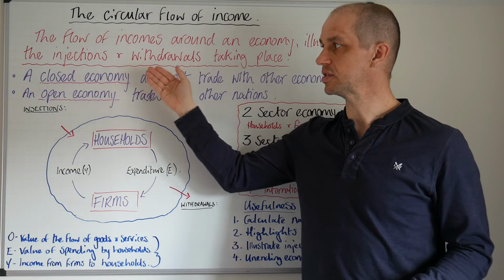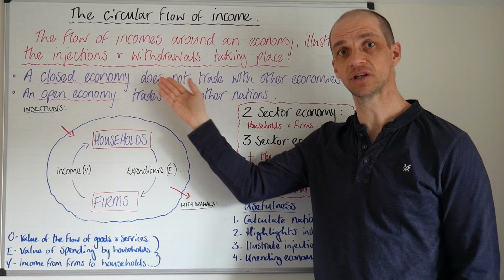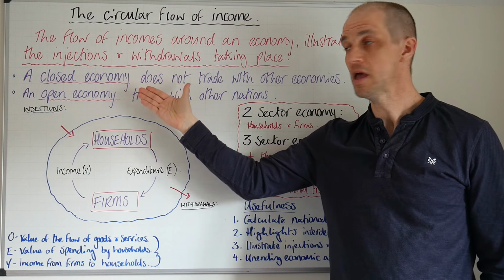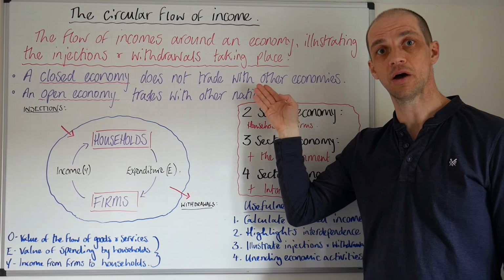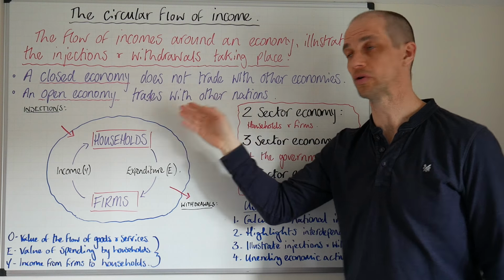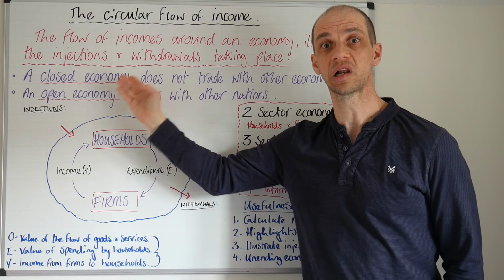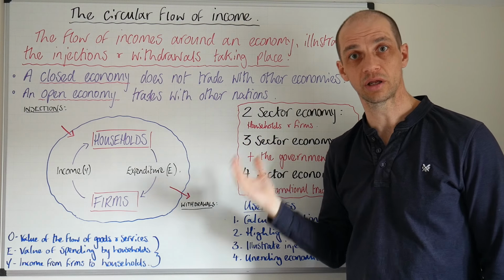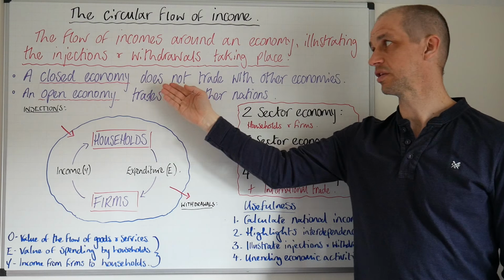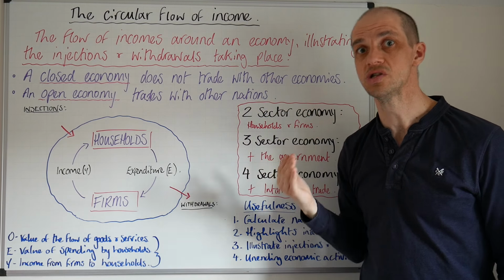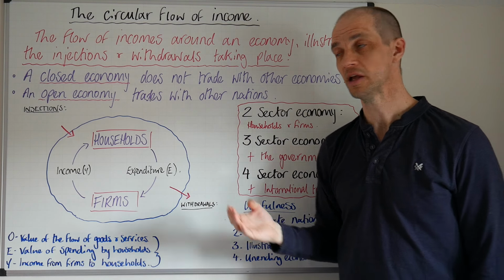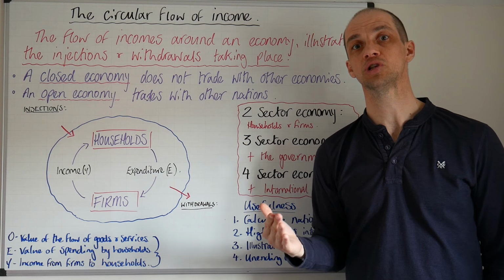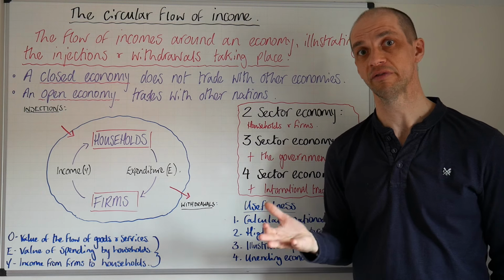So we can break this down to different categories of circular flows, and those are circular flows where they do trade with other nations, as in an open economy, and circular flows which are closed, so a closed economy circular flow of income highlights the fact that trade does not actually take place. Okay, so that's important to understand when it comes to any multiple choice questions on the circular flow of income.